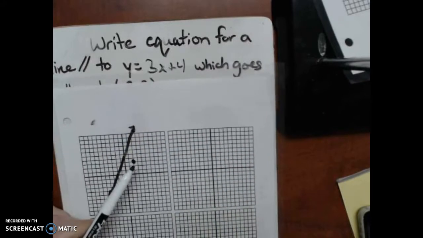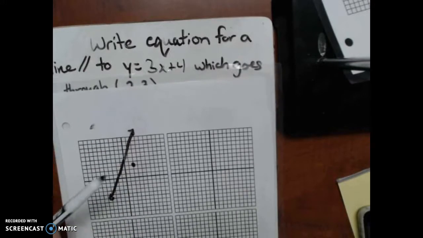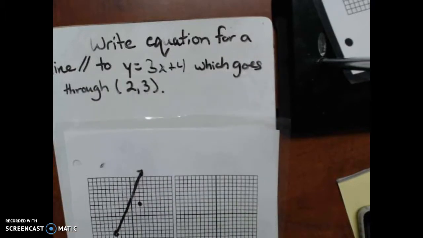So you can see that the point they're asking about is not on this line right here, but they want it on a line that is parallel to that one that also goes through that point. So our line will look something like this where the pen is at. But I want to know exactly what the equation is for that line, and then I can compare the two of them. So let's get going with that.